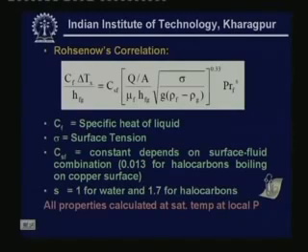Q by A is the heat flux, mu_f is the viscosity of the liquid, sigma is the surface tension, g is the acceleration due to gravity, rho_f and rho_g are the saturated liquid and vapor densities, Pr_f is the liquid Prandtl number, and the exponent s is 1 for water and 1.7 for halocarbons. All the properties have to be calculated at saturation temperature at local pressure. This is one of the oldest and very popular correlations for nucleate pool boiling.